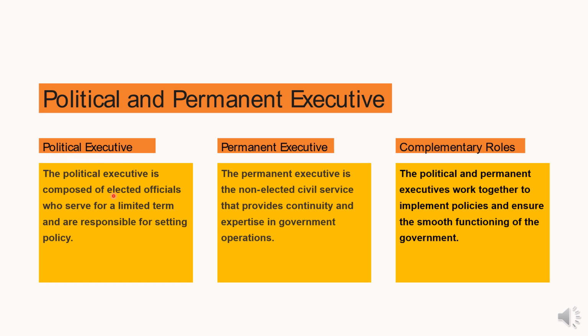The political executive is composed of elected officials who serve for a limited term and are responsible for setting policy. The political executive comprises individuals who are elected or appointed to lead and make high-level policy decisions. Their tenure is usually tied to the electoral cycle or the term of the appointing authority.